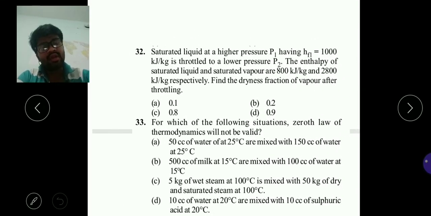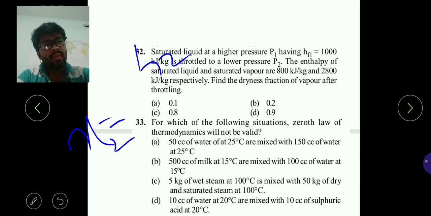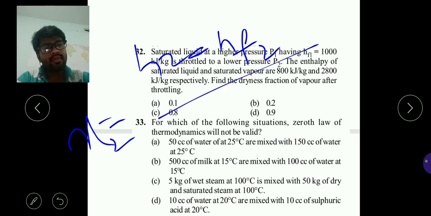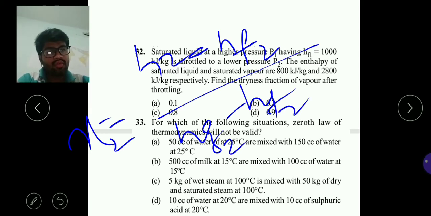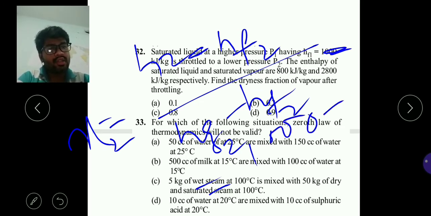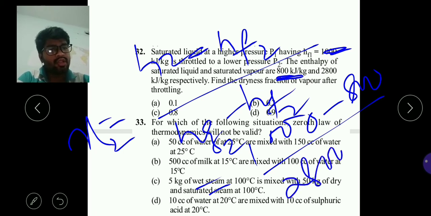Next we have to calculate X2. That I can write as H2 minus Hf2, divided by Hg2 minus Hf2. So H2 is given as 1000, and Hf2 is given as 800, divided by Hg2, which is given as 2800, minus Hf2, that is 800.